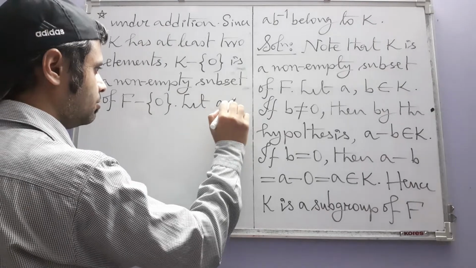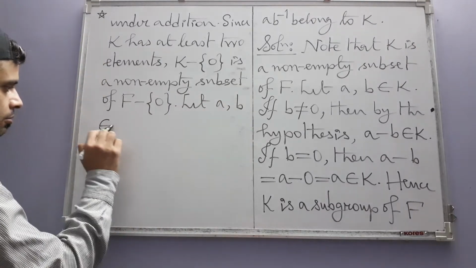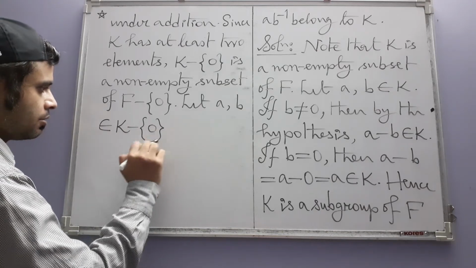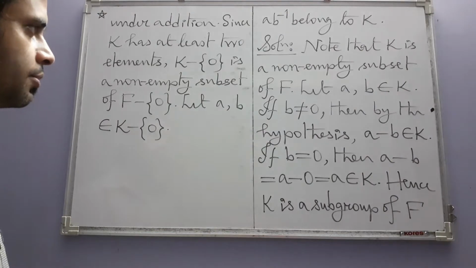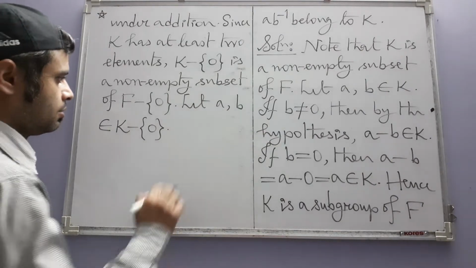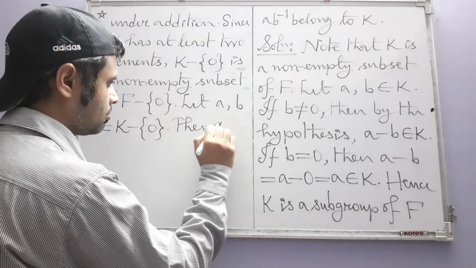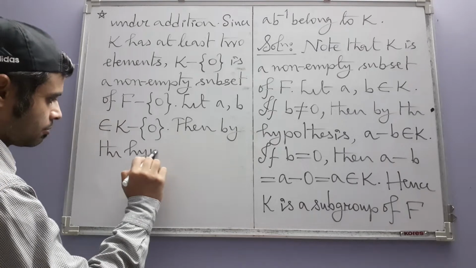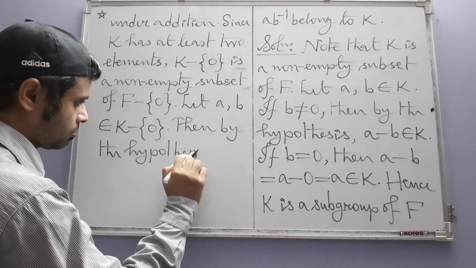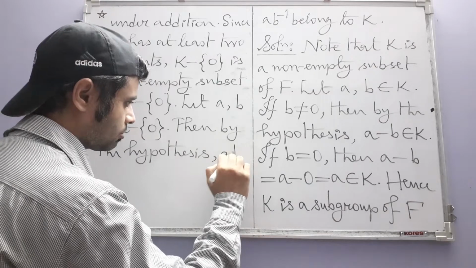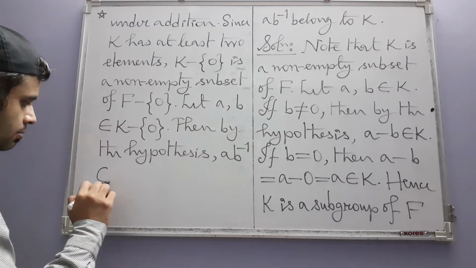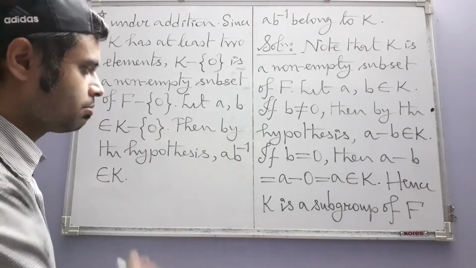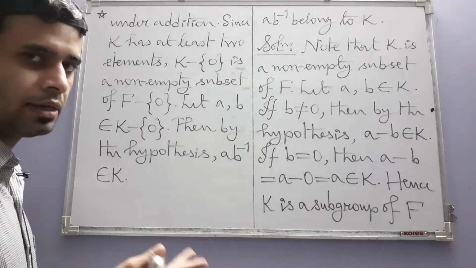Now next we take A and B to be any two elements, this time in K difference 0. Then by the hypothesis, A B inverse belongs to K. This is that other part of the hypothesis which talks about the product of A and B inverse.